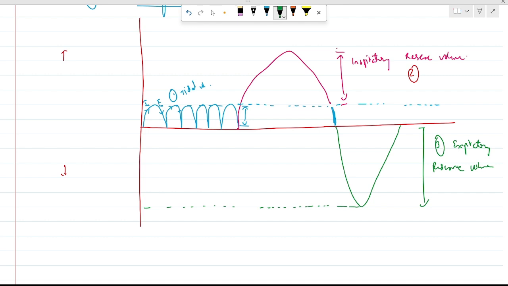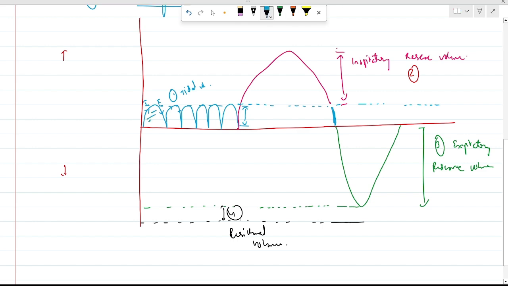And finally the last limit here, this part. This is our fourth, that is our residual volume.